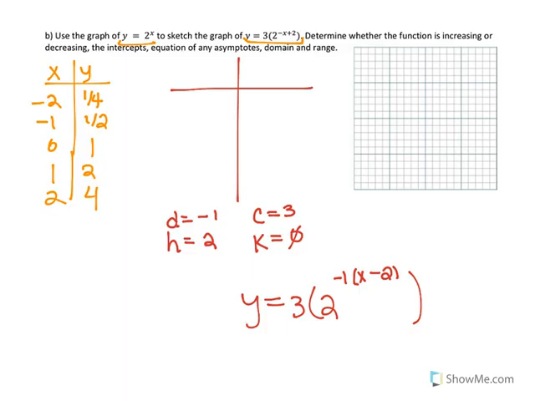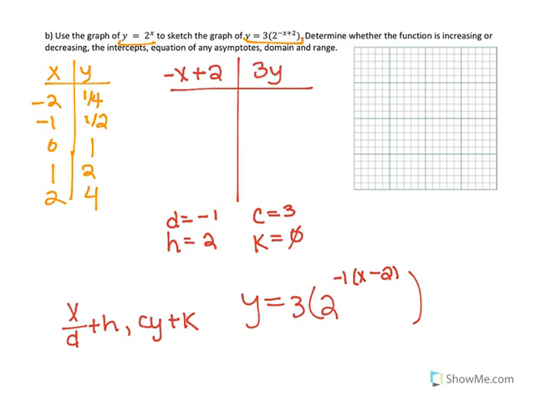So we're going to plug this into our new point, which is x over d plus h and cy plus k. So we're going to have x over -1, which is -x plus 2. And then to transform our y points, we're going to go 3 times y.